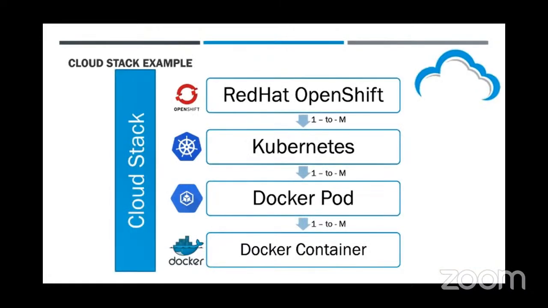So here we can see a cloud stack example, a typical way of implementing cloud in the corporate environment. So we have everything, the Docker container, Docker pod, Kubernetes, and Red Hat OpenShift. There might be slight variations from company to company, but this is a complete cloud stack. So at the very bottom, you can see the Docker container. You all would be familiar with Docker container.